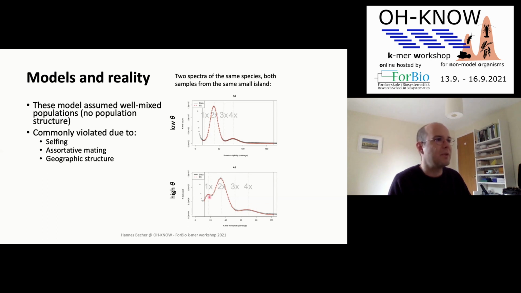And you can see one of them has a much taller 1x peak here, and this one has hardly a visible 1x peak here. And that affects the estimate of theta, of the genetic diversity. So our theta estimate does not really well reflect what's the diversity in the population. It is off because this individual here is probably the result of selfing, and this individual here is the result of recent outcrossing.